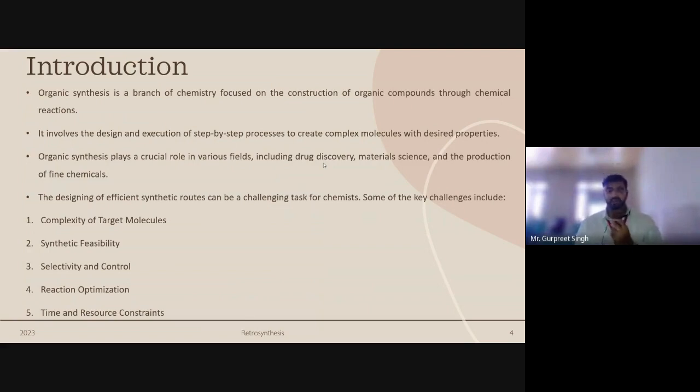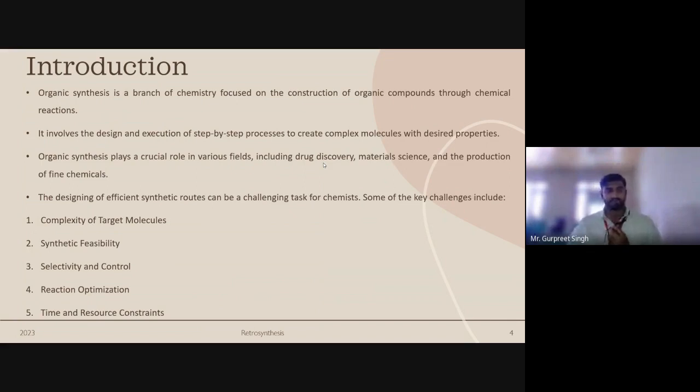The other thing is the cost of that resource. Some chemicals you might get for 500 rupees for a few grams, and for other chemicals, like very sophisticated catalysts, you need to pay lakhs of rupees for just 1 gram of the chemical. So these are the constraints.